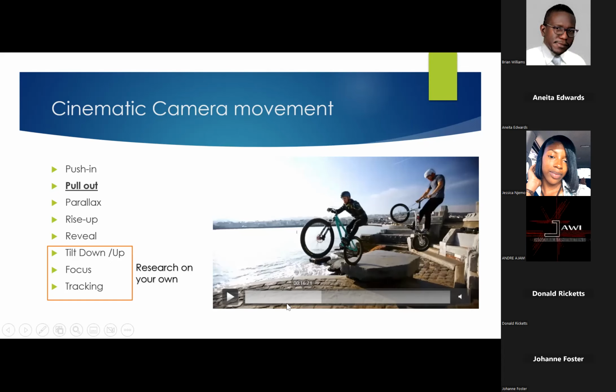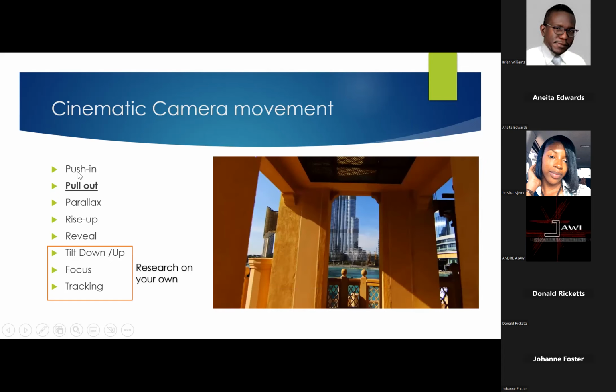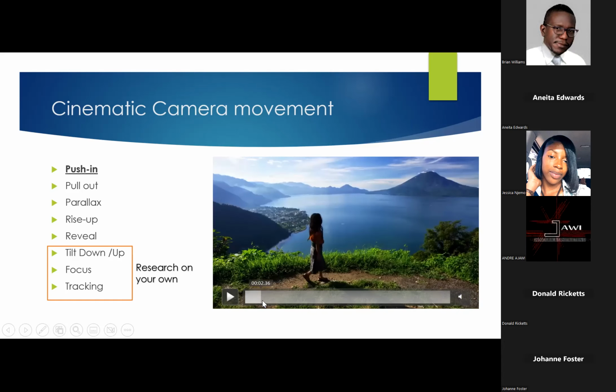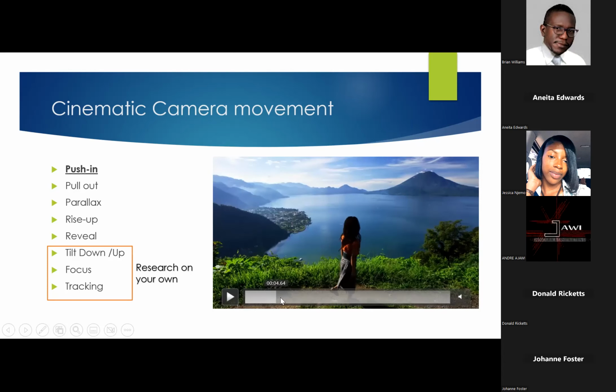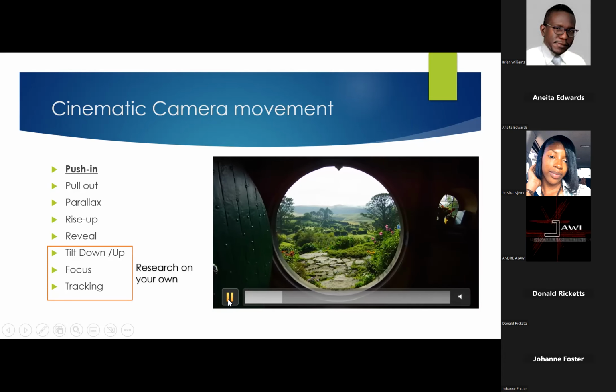So for example, even if you looked at how this pushing was done, look at this one.